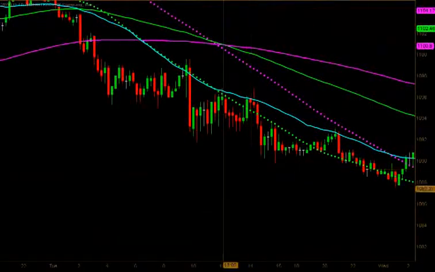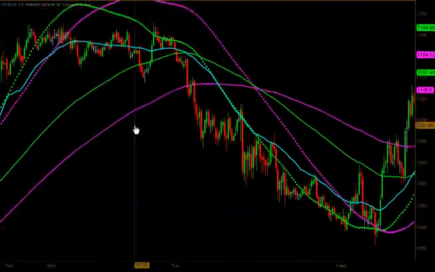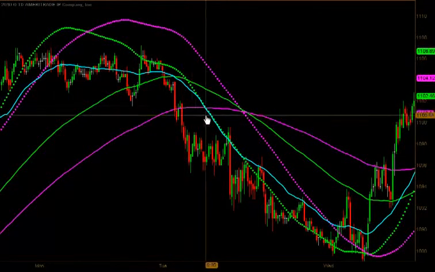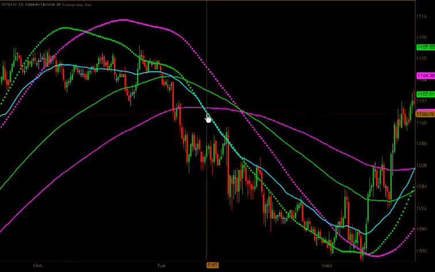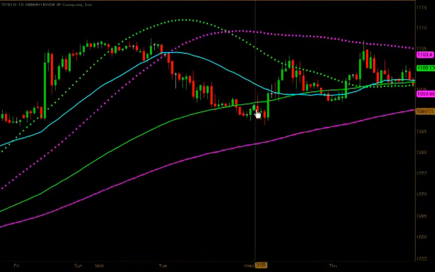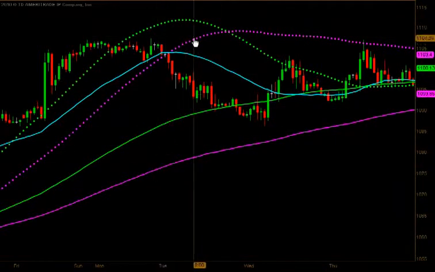This is the ES on the 15-minute chart. You can see that we are in a confirmed downtrend right here, where we have green on the bottom, purple on top. But again, if we go back and look at the 60-minute chart at this particular time, we are actually in a buy signal.